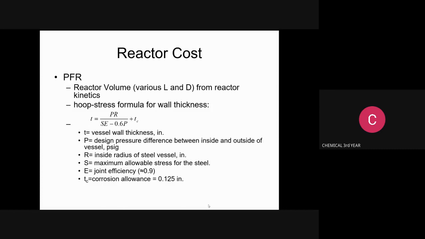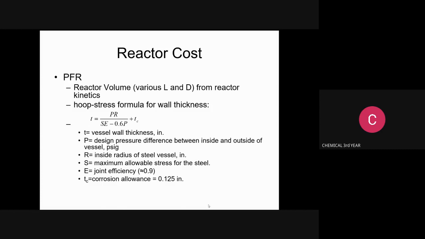For that, we have to design the reactor. This is the major problem or difficulty in the chemical industries. So, we need to reduce the reactor volume without affecting the product.